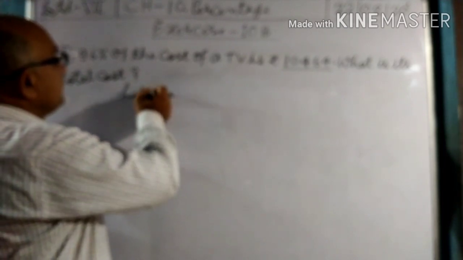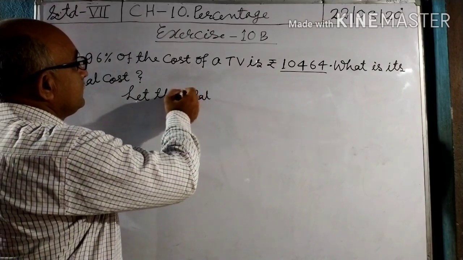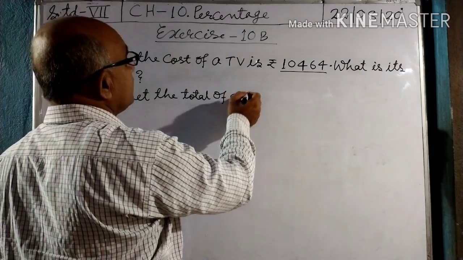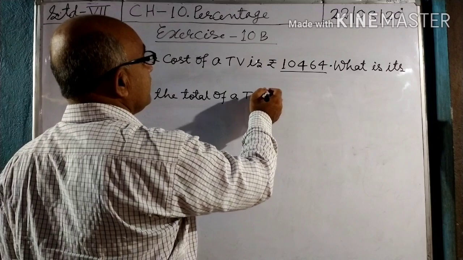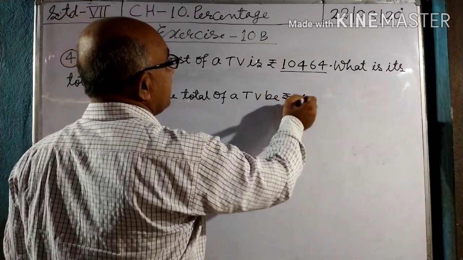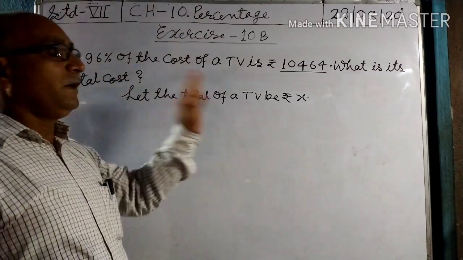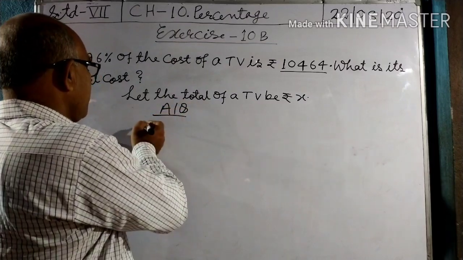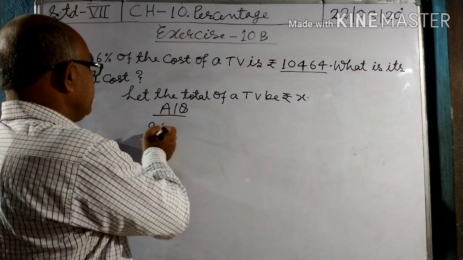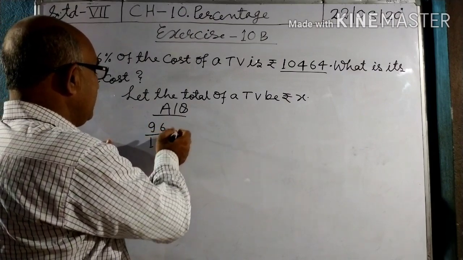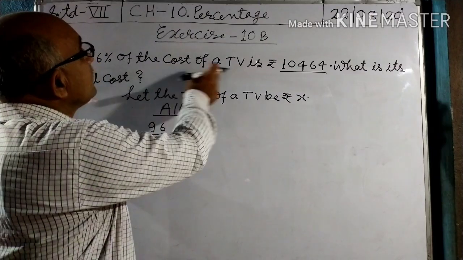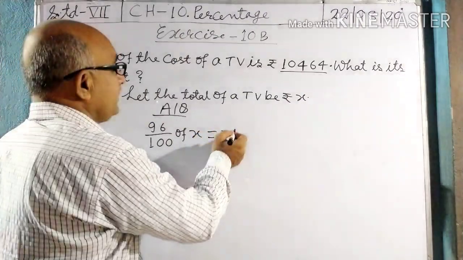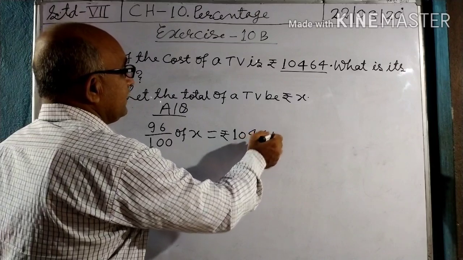Let the total cost of a TV be rupees X. According to question, 96% means 96 by 100 of the cost of TV, total cost X, equal to rupees 10,464.